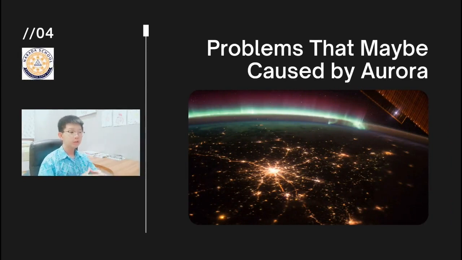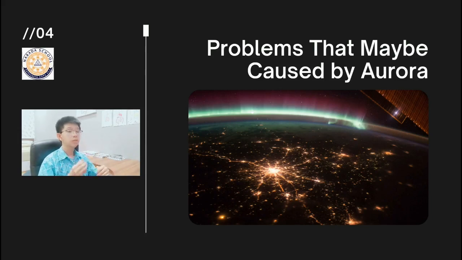Despite the auroras, or the Northern Lights, being so beautiful to look at, they can also cause some problems, especially when the auroras get really big. These really big auroras are caused by very large solar winds that are trapped inside the Earth's magnetosphere.